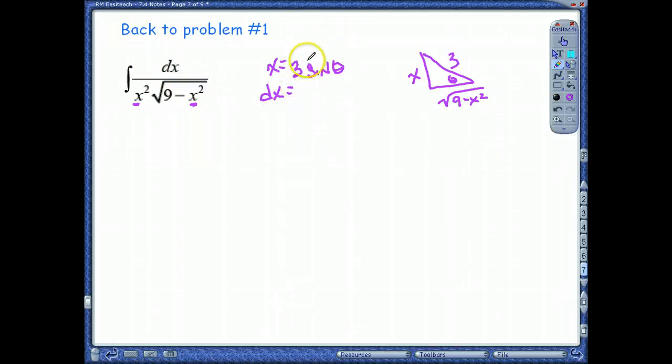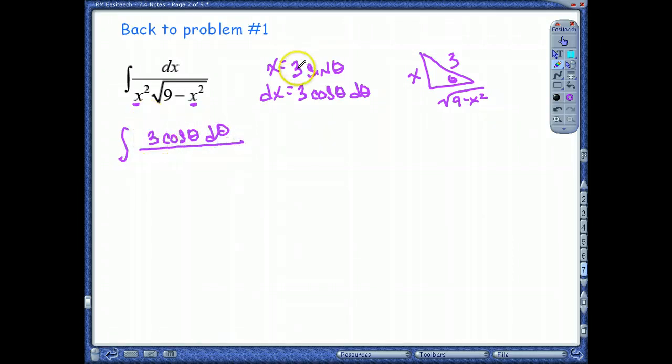So I'm going to look at what x is, and I'm going to differentiate. So the derivative of 3 sine of theta is 3 cosine of theta d theta. So I'm honest to goodness going to be differentiating so that I can now substitute everybody out. So my dx is 3 cosine of theta d theta.